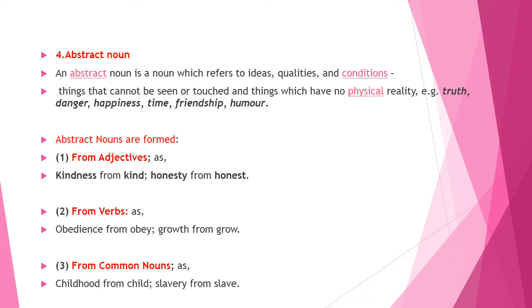Child and slave are the words which are used as common nouns, so we can also form abstract nouns from these words. Childhood from child and slavery from slave. There are a number of other examples of adjectives, verbs and nouns from which we can form abstract nouns.